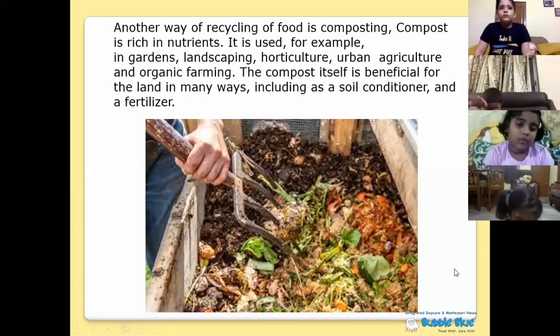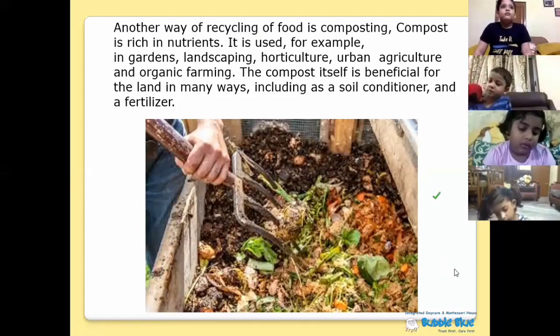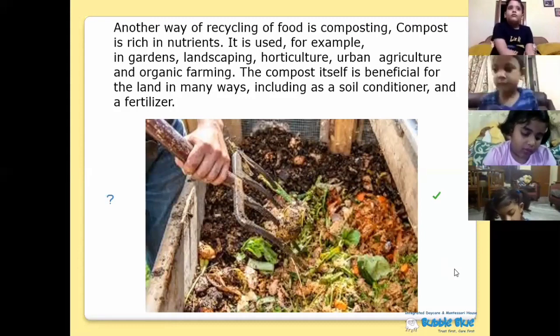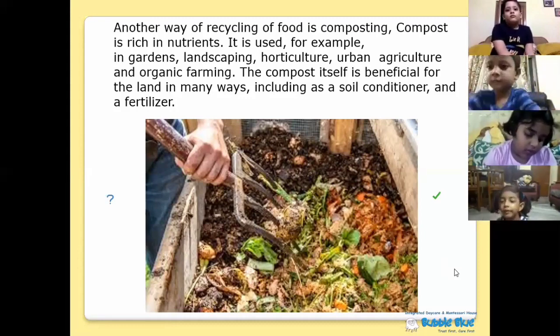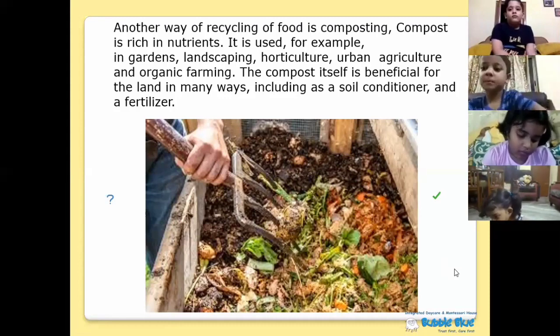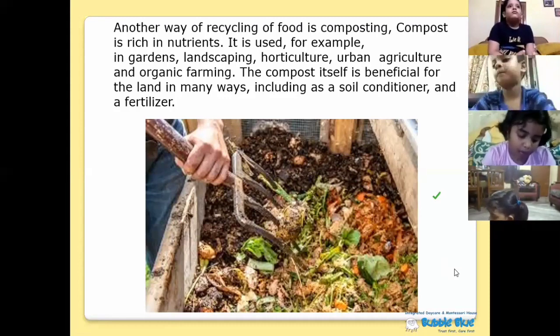Compost is rich in nutrients. It is used, for example, in gardens, landscaping, horticulture, urban agriculture, and organic farming. The compost itself is beneficial for the land in many ways, including as a soil conditioner and a fertilizer.